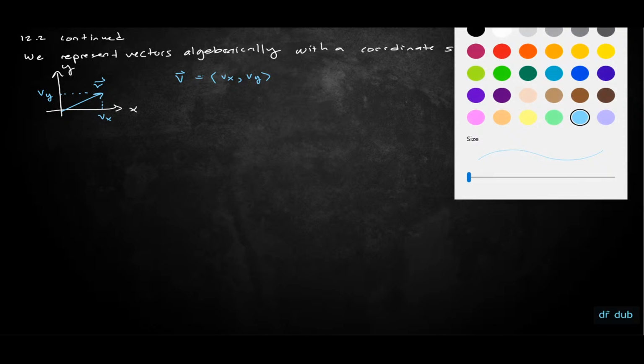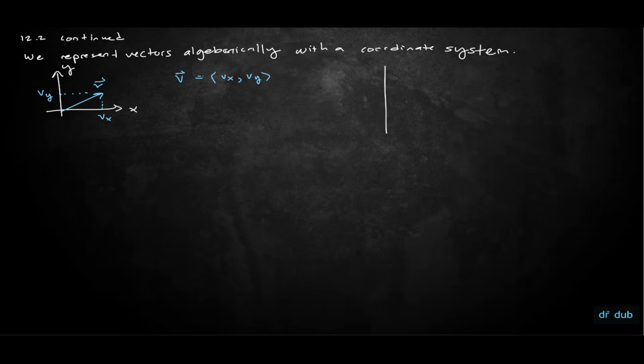So for example, say the vector v is the vector 1, 1, and the tail is at the point 3, 1.